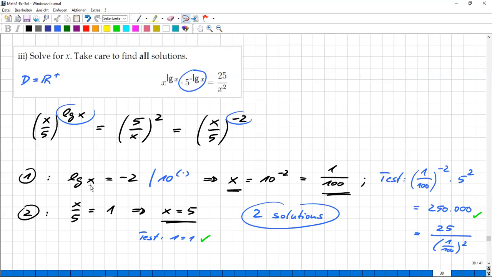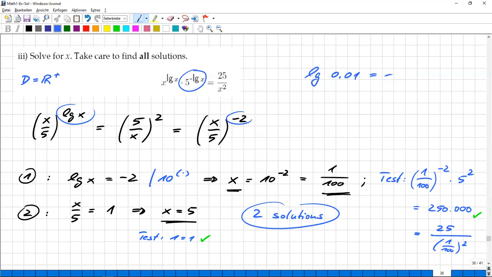Let's test it here, putting in for x. So we have 0.01 to the power lg of 0.01. But the lg of 0.01 is like counting the zeros or the movements of the comma, 1, 2.